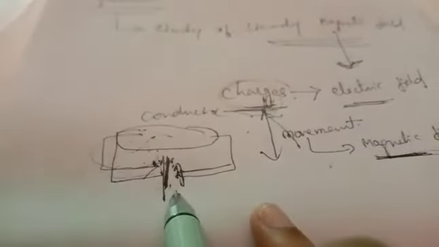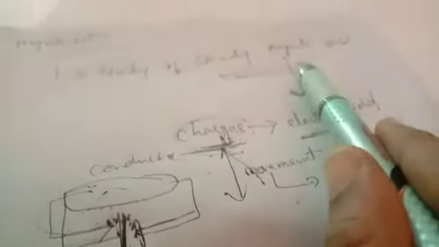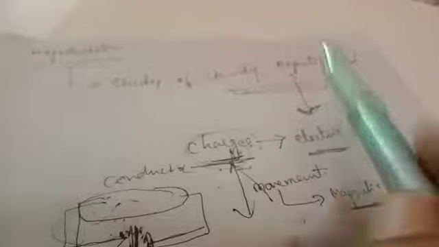Since the supply is a constant, steady supply, and the charges are moving, we call it a steady magnetic field. The steady magnetic field is produced whenever a supply is given to a conductor. If the charges are moving, we call it a current, so we call it a current carrying conductor.